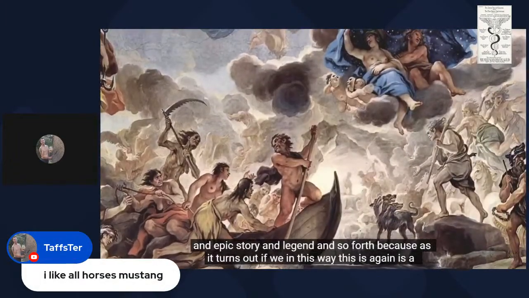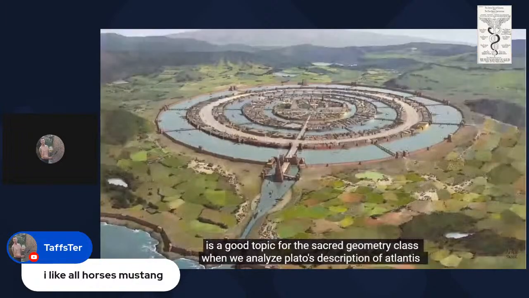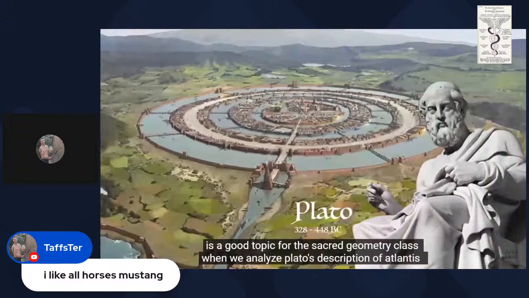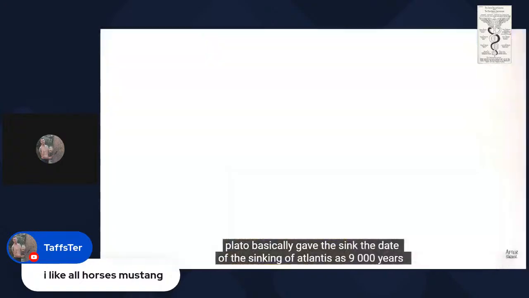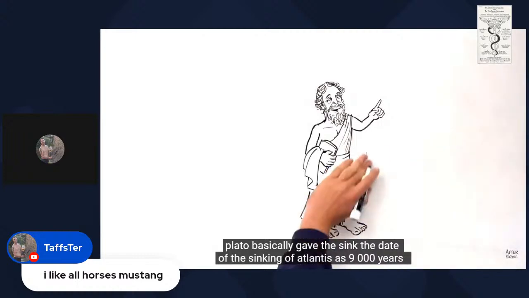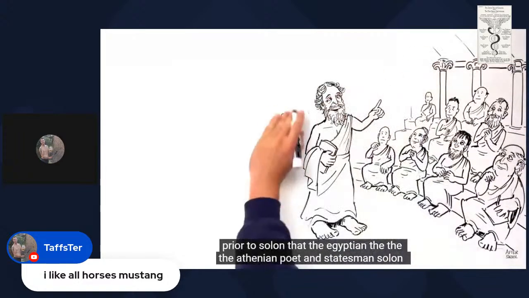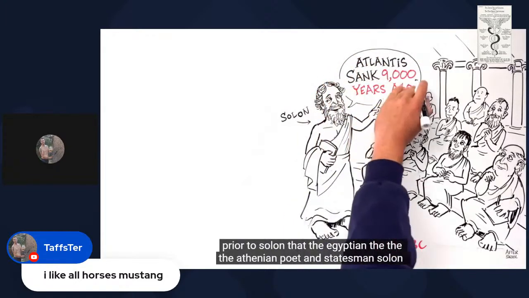Because as it turns out, and this again is a good topic for the sacred geometry class, when we analyze Plato's description of Atlantis, Plato basically gave the date of the sinking of Atlantis as 9,000 years prior to Solon, the Athenian poet and statesman.